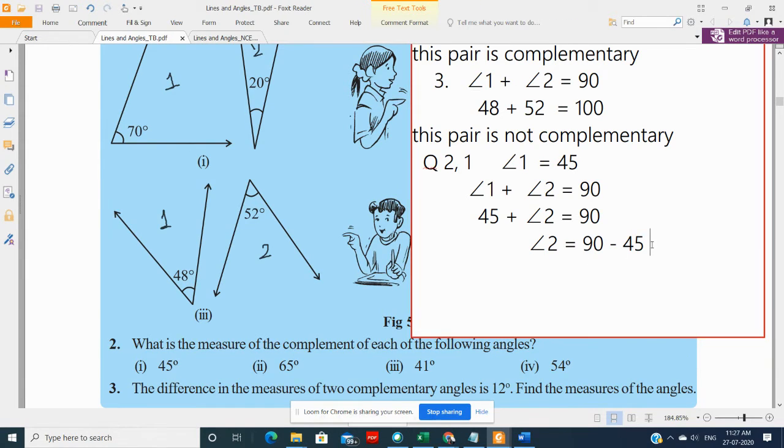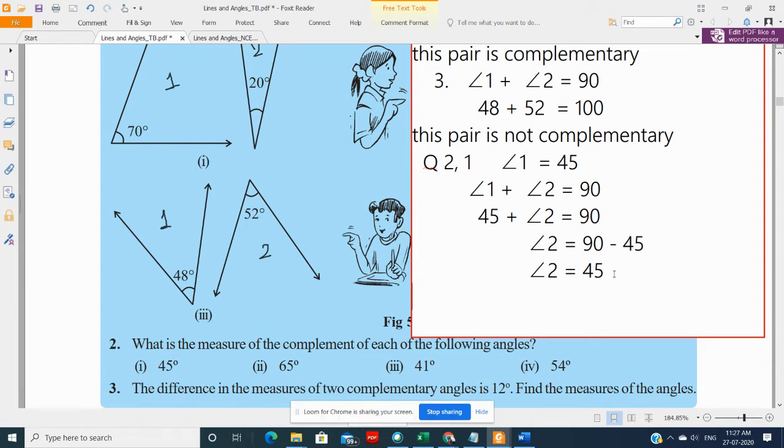So that would give us 45. We can say that the measure of the complement of 45 is 45. Simple.